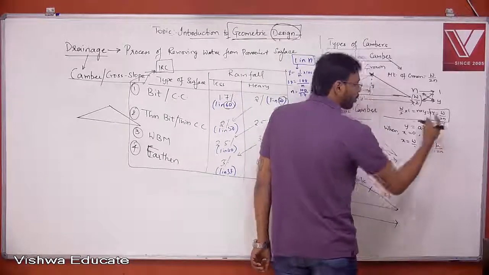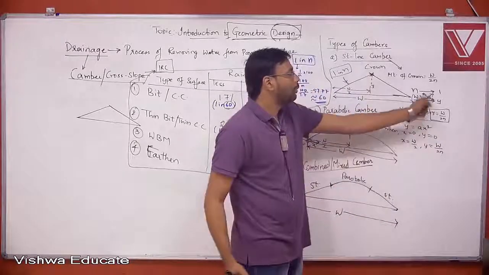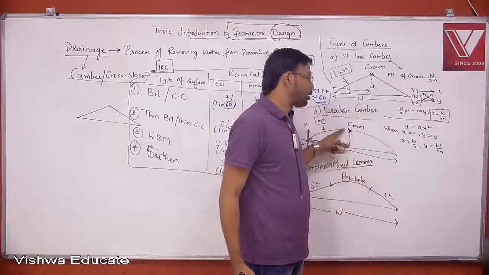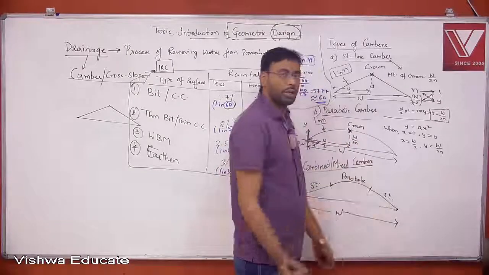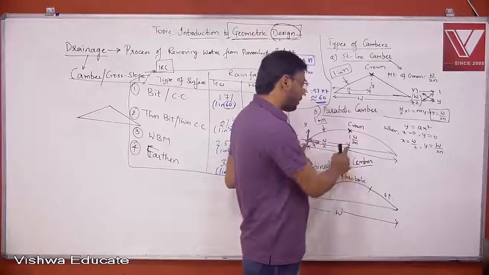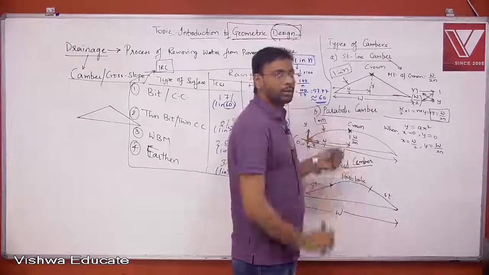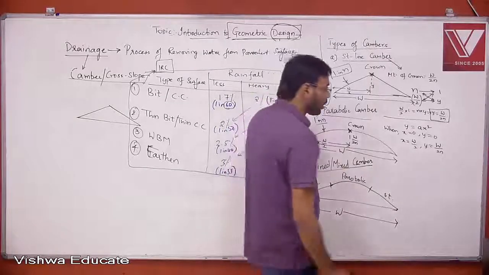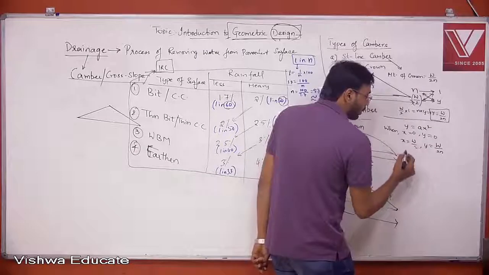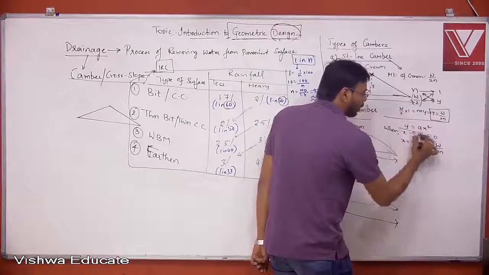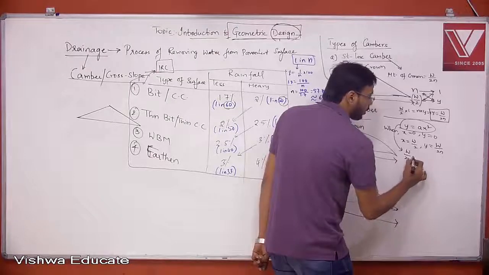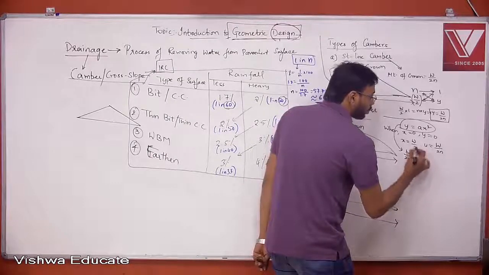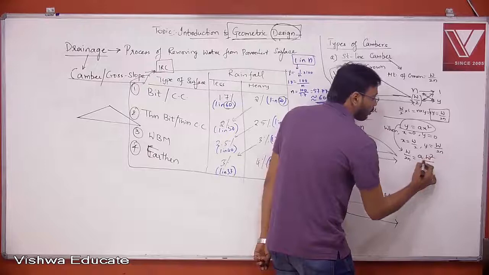In the previous case, we have seen the height of crown is W by 2n, so the same height of crown will be W by 2n only. So when x is equal to W by 2, y is equal to W by 2n. Using this equation y is equal to ax square, y is W by 2n is equal to a into x square, that is W square by 4.